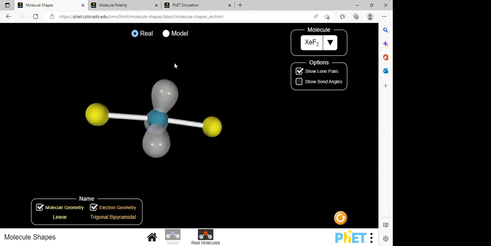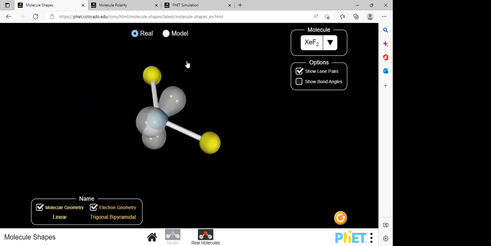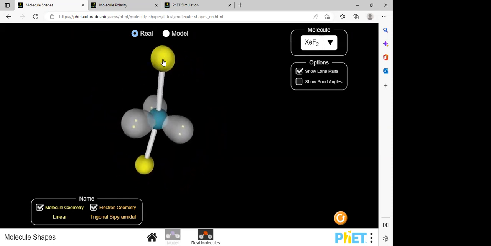Here is XeF2. Check this out. What is my electron pair geometry? 5-0, correct? I could have 5 possible bonds on this. If I have a 5-0, it's a trigonal bipyramidal. It makes 2 pyramids, right? If I cut out the bottom, it's doing a pyramid this way.